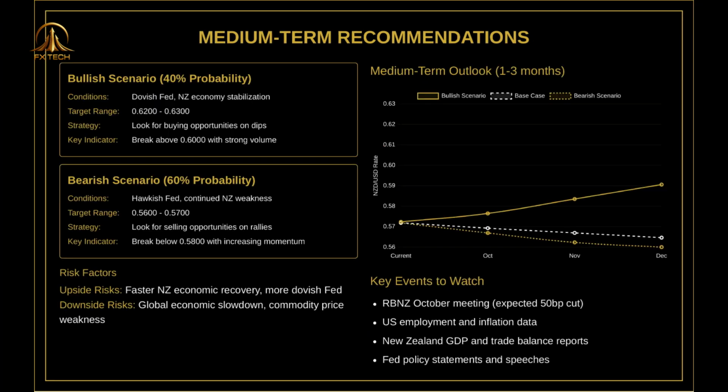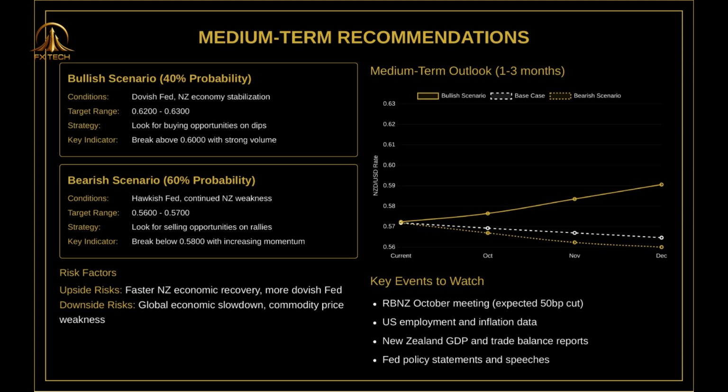Looking beyond the short-term horizon, let's examine the medium-term outlook for NZD/USD over the next 1 to 3 months. We've developed two potential scenarios based on our analysis of economic fundamentals, central bank policies, and technical patterns. Our bullish scenario, which we assign a 40% probability, would unfold if we see a dovish turn from the Federal Reserve coupled with a stabilization in the New Zealand economy.